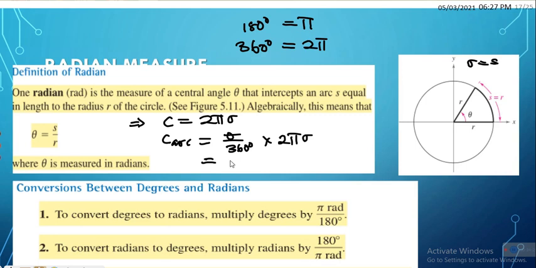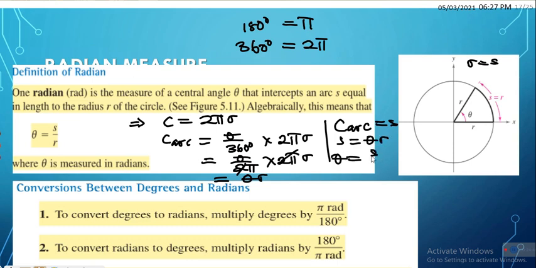So this becomes theta over 2 pi multiplied by 2 pi r. The 2 pi cancels 2 pi, and we have the length of the arc equals theta multiplied by r. So if the length of the arc is s, we have s equals theta multiplied by r, and therefore theta equals s over r in radian. This is how we came about this formula.